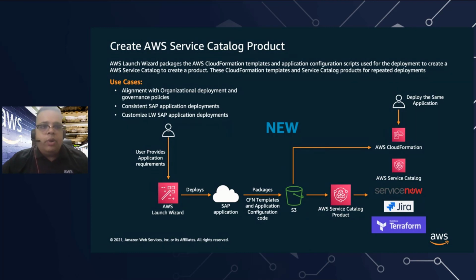So this is our latest feature from Launch Wizard, and it now gives customers the flexibility to integrate with some of the tools that they might be using today from an infrastructure provisioning perspective, not only SAP, right?